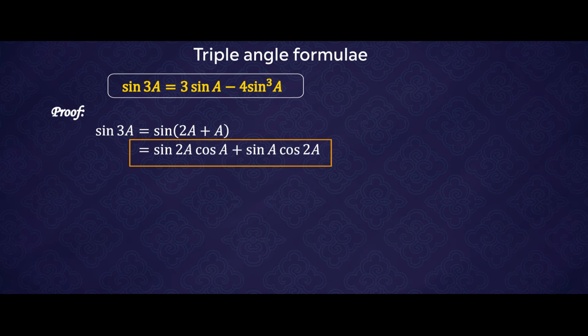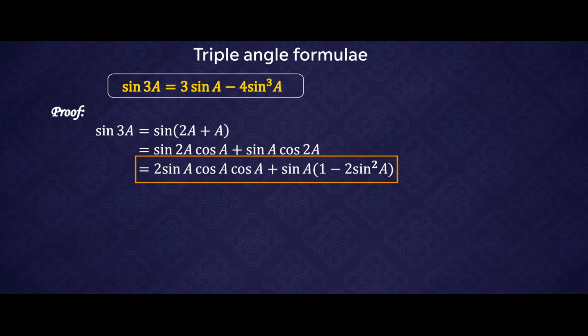Now, what is sine 2a? We have learned that it is 2 sine a cos a, times cos a, plus cos 2a, and you can keep this sine a outside. And what is cos 2a? We have learned that it is 1 minus 2 sine square a.